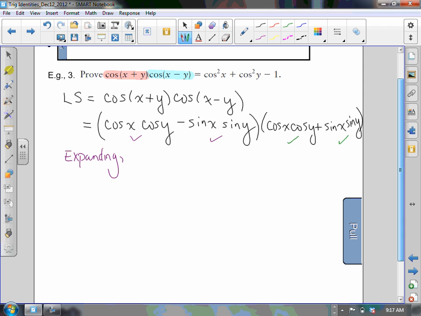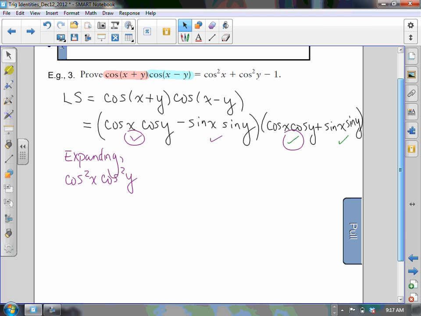If we consider expanding these two, what are we going to have? We'll multiply our cosine x's together, and we'll have cos squared x, cos squared y. Now we'll take that very same term and multiply it by the last term.